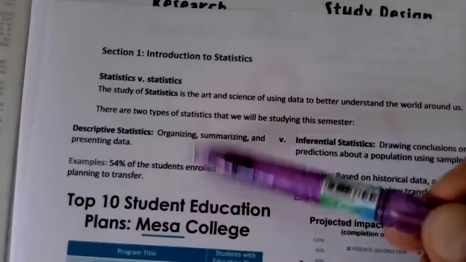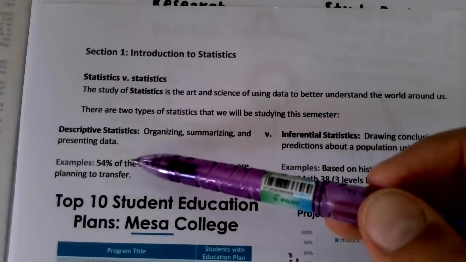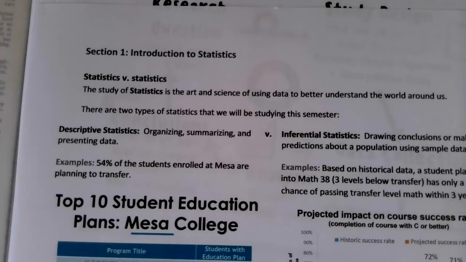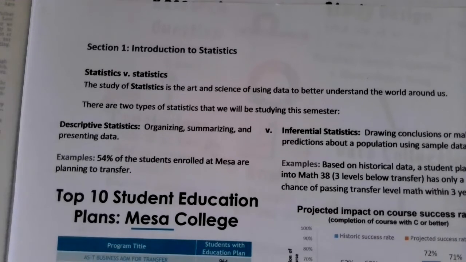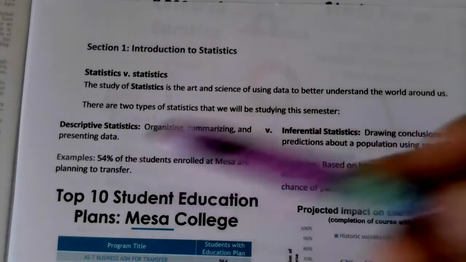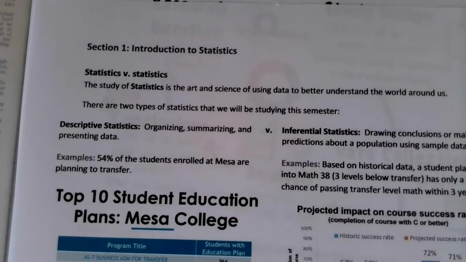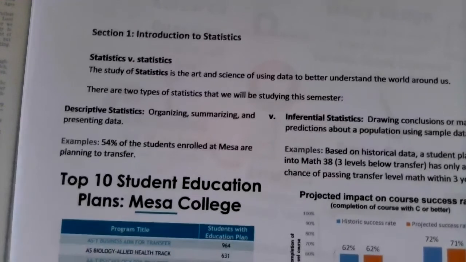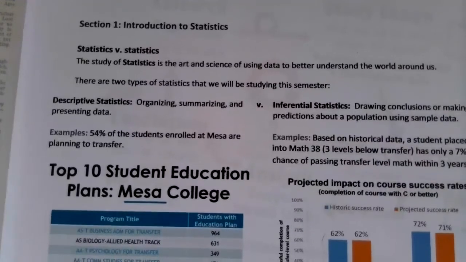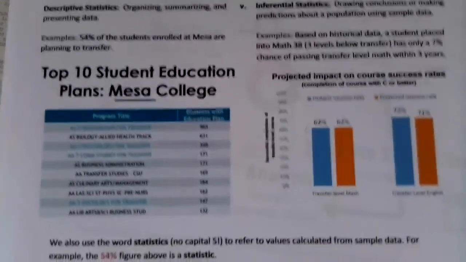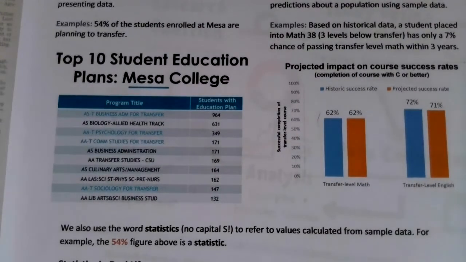It's referring to the phrase where it says 54% of the students enrolled in MESA are planning to transfer. So it tells you something about the sample that they looked at. This is a characteristic of a sample. The sample size is also a statistic. So that's the statistic with a lowercase s.